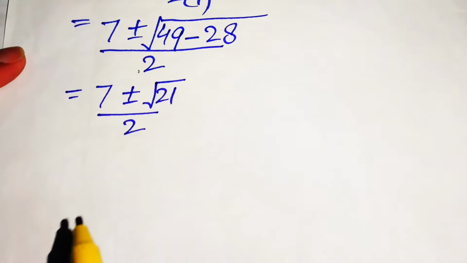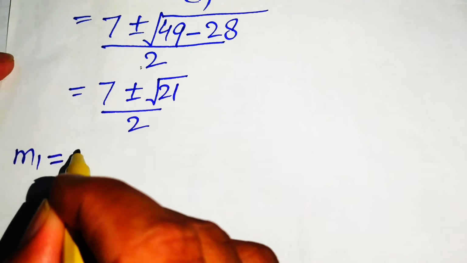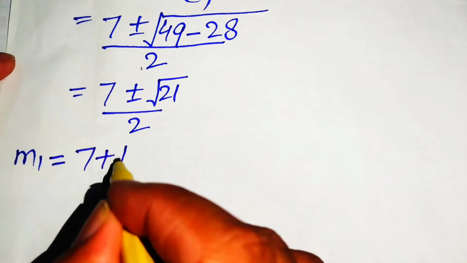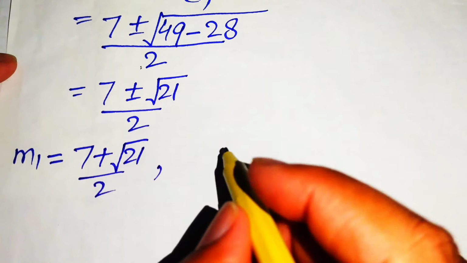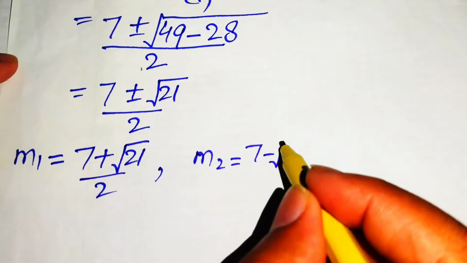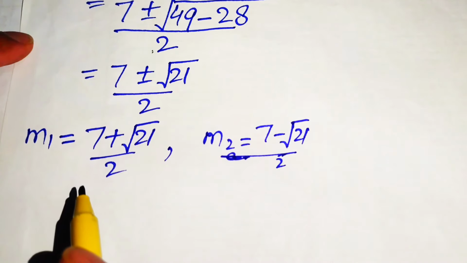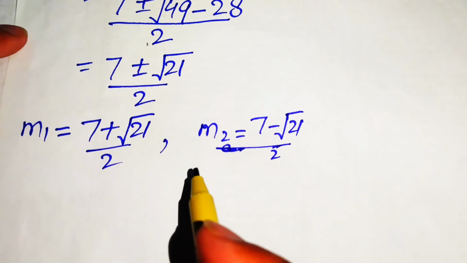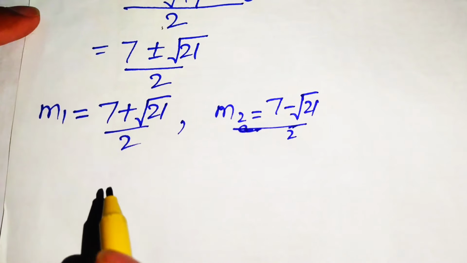So we have two values of m. The first value is m1, equal to 7 plus square root of 21 over 2, and the second value is m2, equal to 7 minus square root of 21 divided by 2. Now we use these two values to easily get the values of n1 and n2.